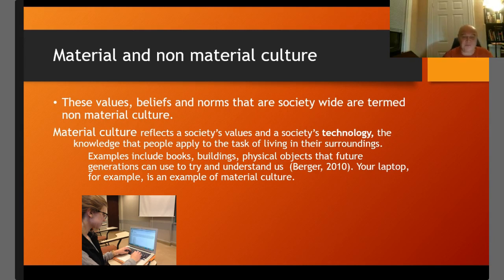Examples include books, buildings, physical objects that future generations can use, that archaeologists uncover. Your laptop, for example, is an example of material culture. Another example of material culture, however, would be, we have a broader definition of technology than a colloquial one. The discovery of fire and its ability to cook food, for example, is a technology, a human technology. So is the invention of the wheel.